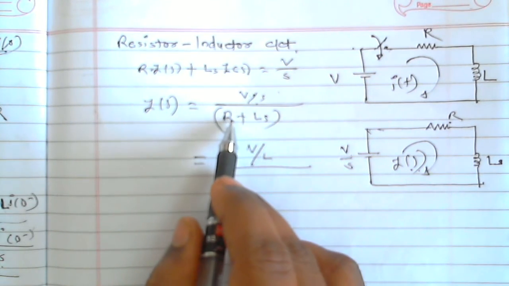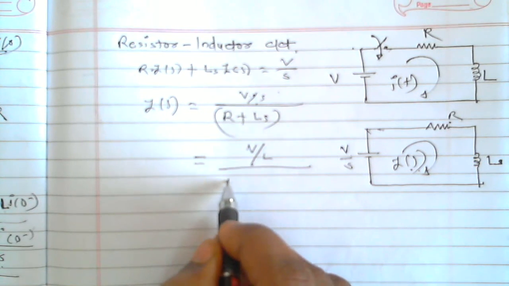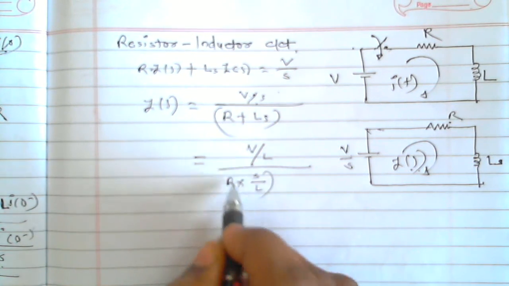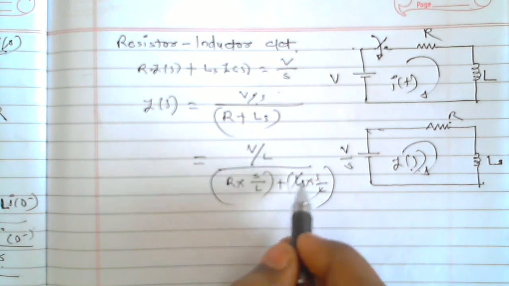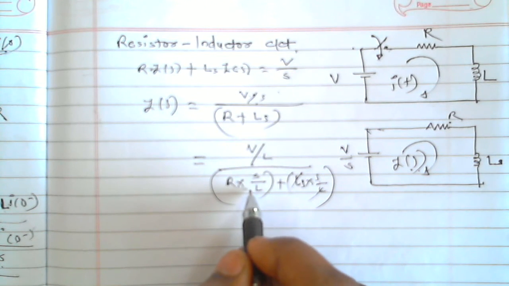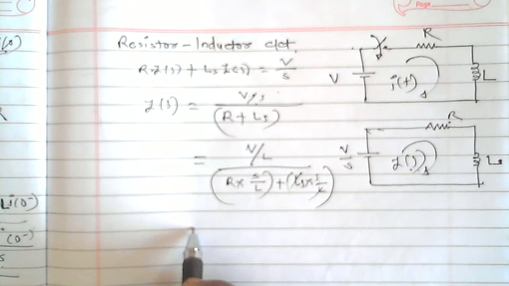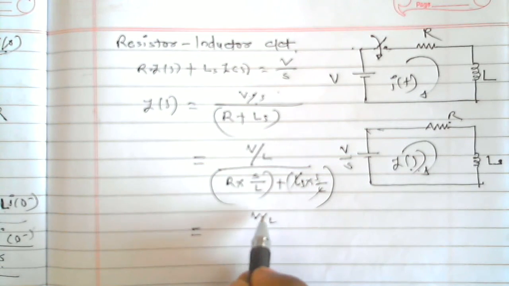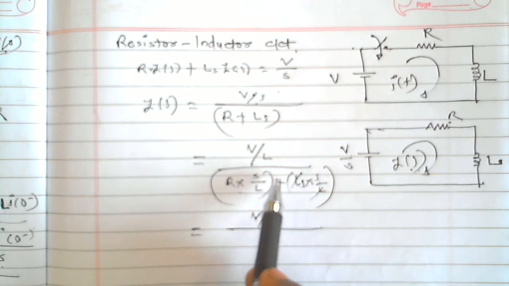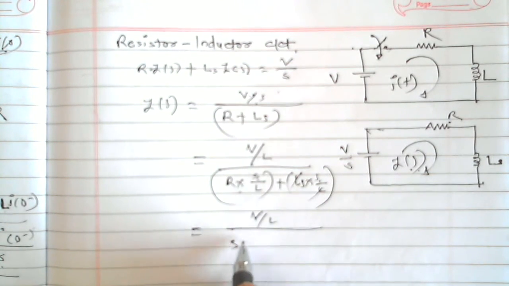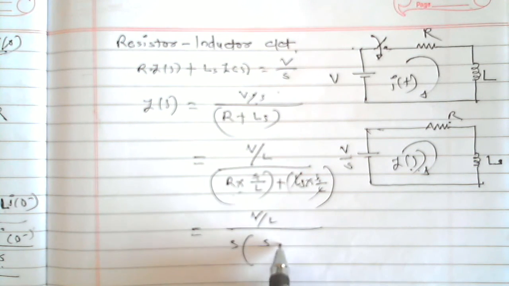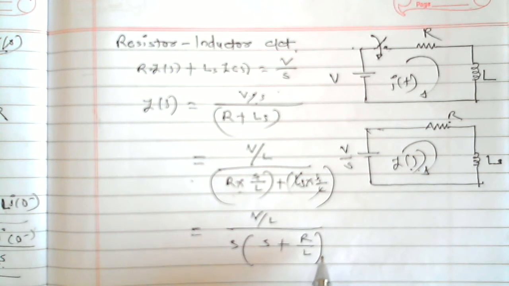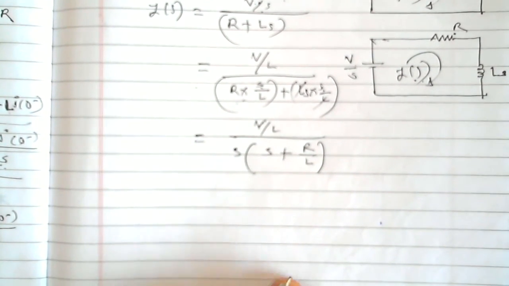In the denominator, I write R into s/L plus Ls into s/L. L cancels, and s becomes s squared here. So the equation is now V/L divided by... here you can see s is common. I will take s outside in a bracket, then instead of s squared one s will be left, so I write that one s. As I have taken s outside, R/L is there. This is the result. Okay, so this is how I have got the equation for I(s).